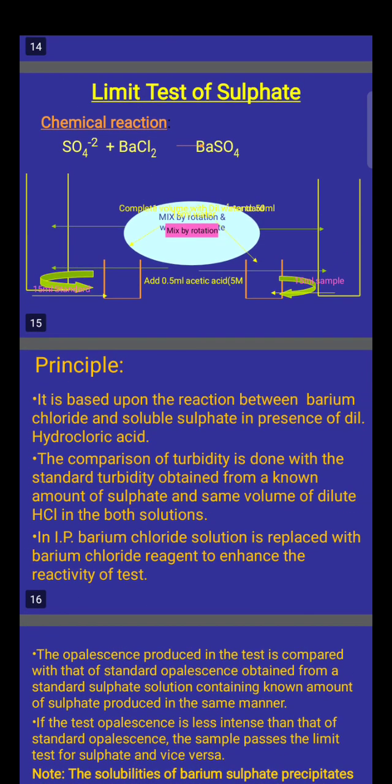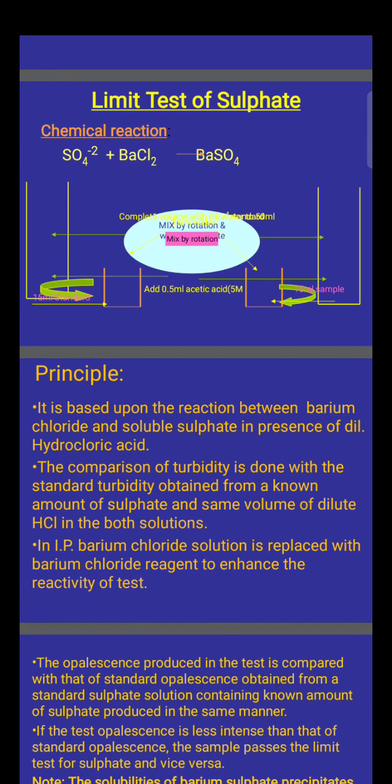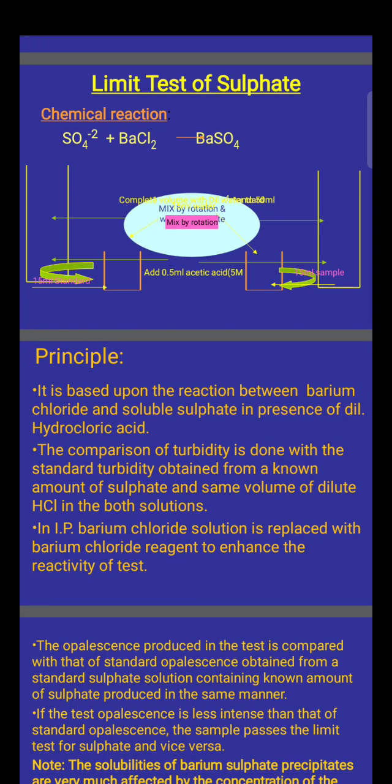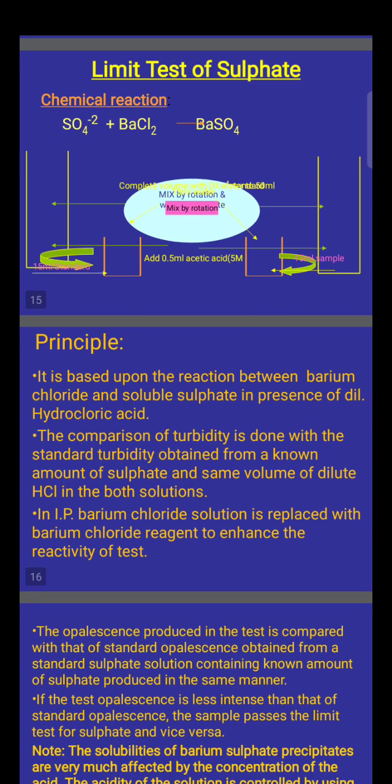If we see the principle of this reaction, again the role of chemicals, mechanism, sulfate that we have to determine. Barium chloride is a reactive reagent which is reacted with the sulfate sample and it will form barium sulfate PPT. So acetic acid or HCl we have used in this case. Why is it required?